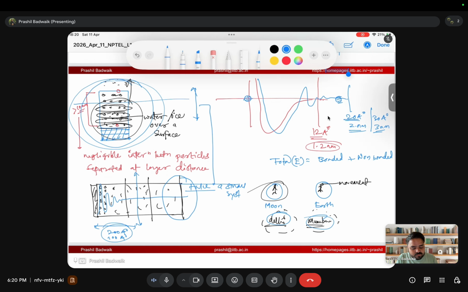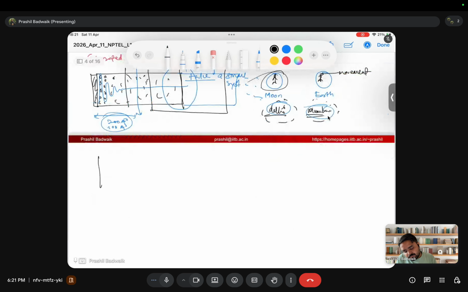After that you can see there is some air, so you can directly skip this portion in between, and then you may have a system like this: a surface over here, ice is kept, right? That means water molecules in the crystalline structure, and then there is vacuum over here.